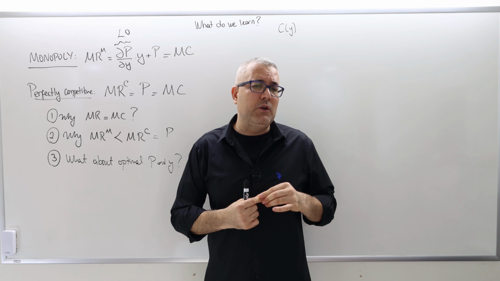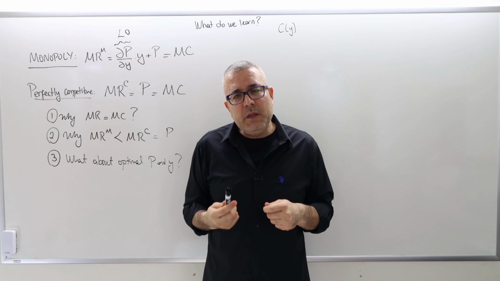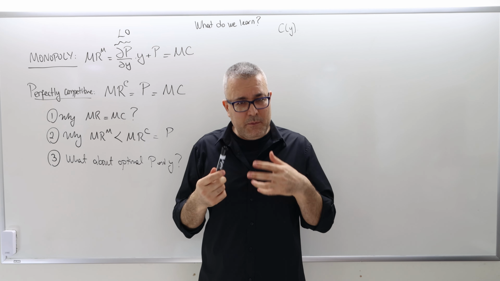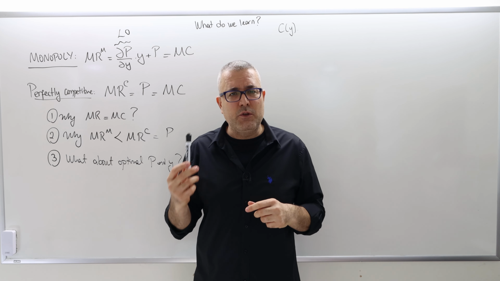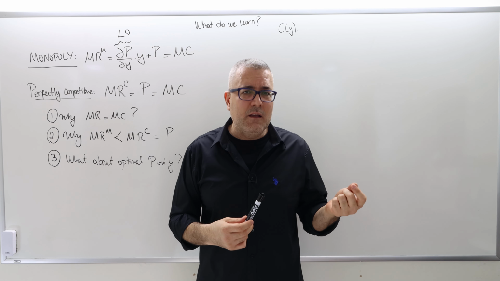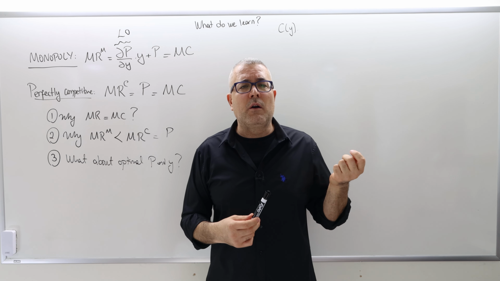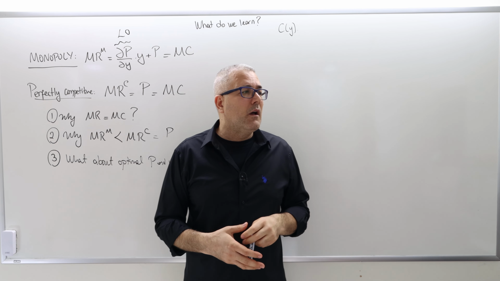Well, what you should be looking at is the additional money you're going to get by selling this 100th unit versus the money you have to pay for producing this 100th unit. Okay, so that's it.